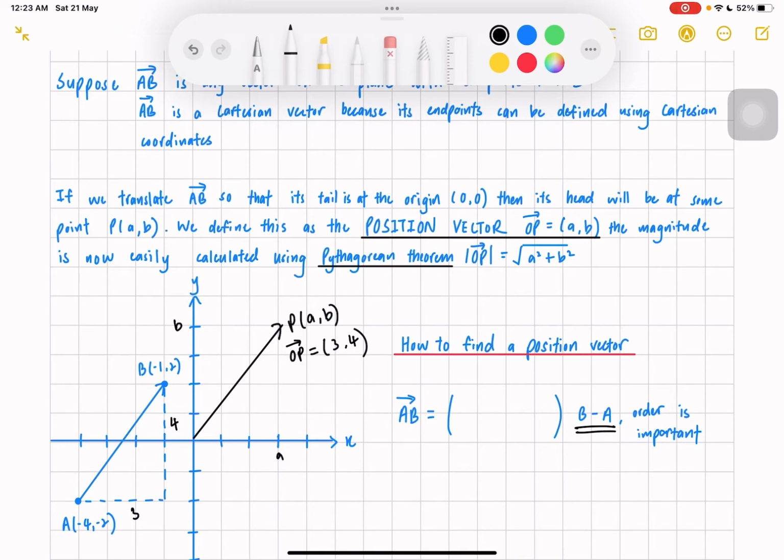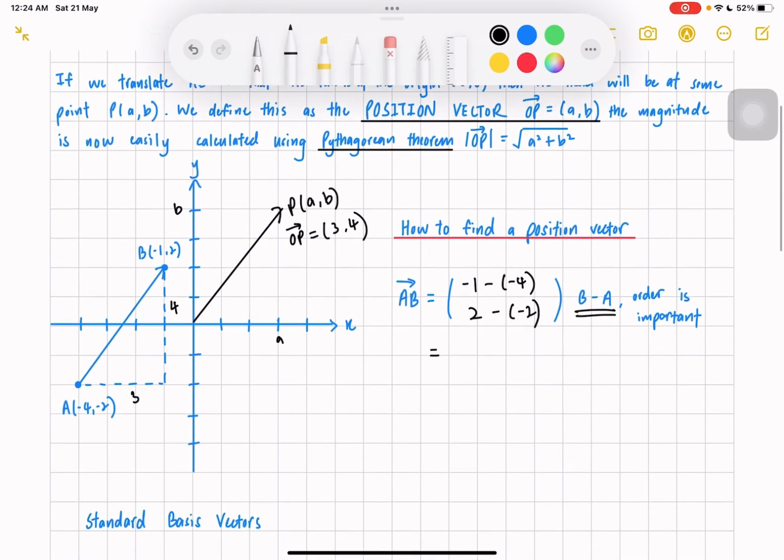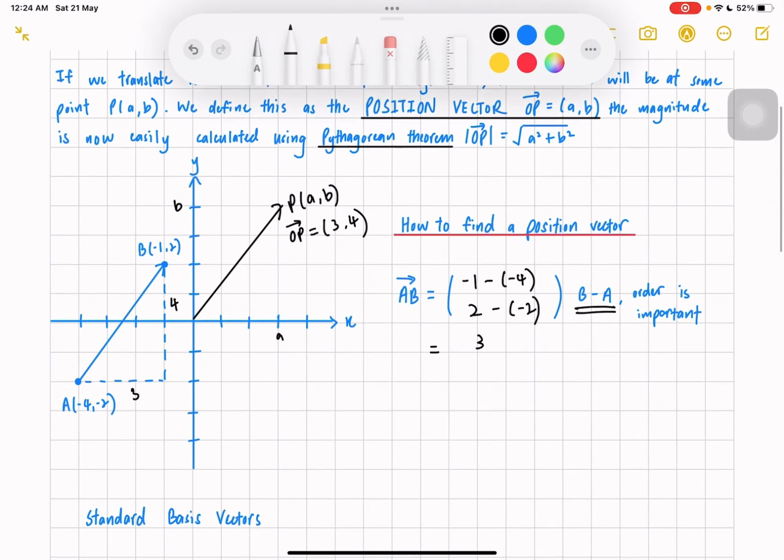We cannot take point A and subtract point B because then the answer will be wrong. So in this case, for point B, the y value would be 2 minus negative 2, and the x value would be minus 1 minus negative 4. So we will get an answer which is 3, 4.